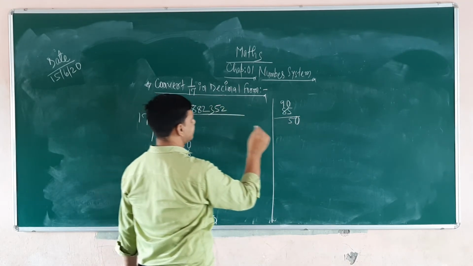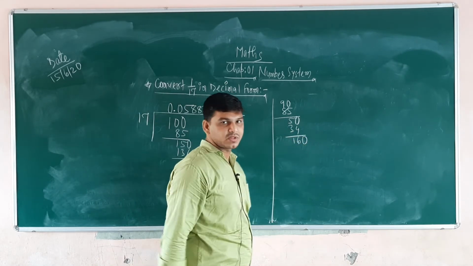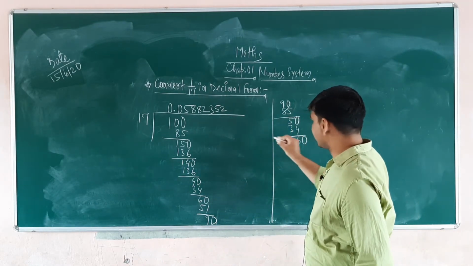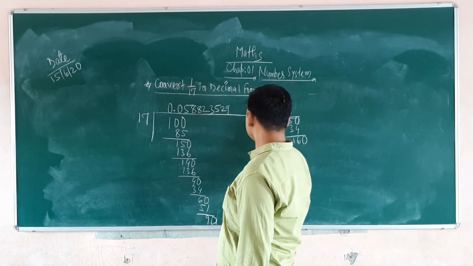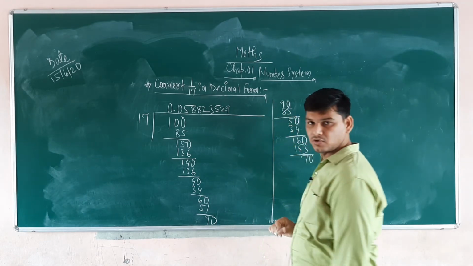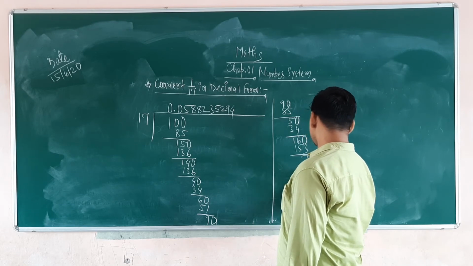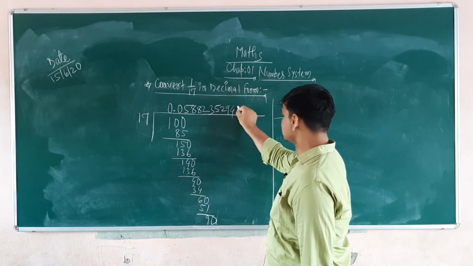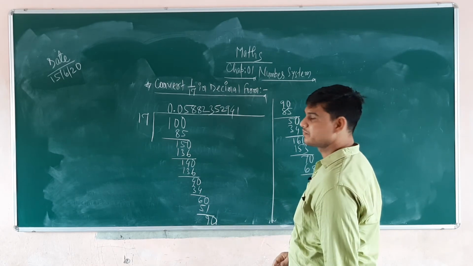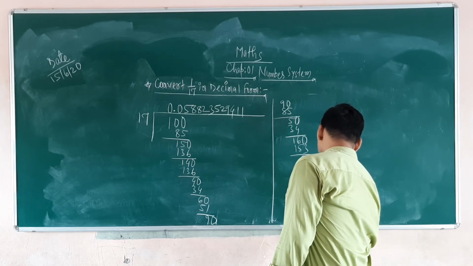Now 17 2s are 34, 16, 0. The same procedure will take so much time. Now 17 9s are 153, 7, 0. 17 4s are 68, 2 and 0. 17 1s are 17, 3, 0. 17 ones are 17, that is 13, 130.